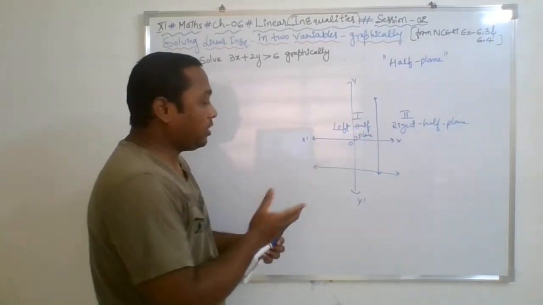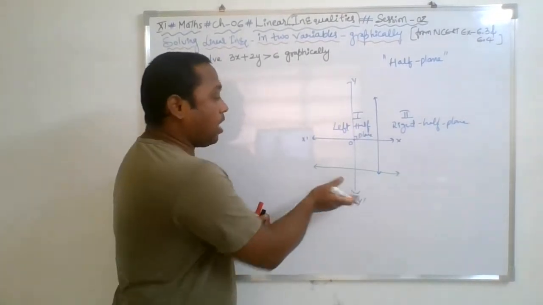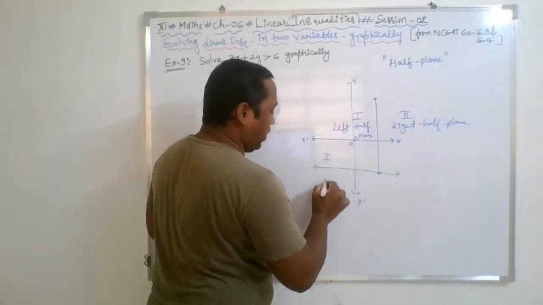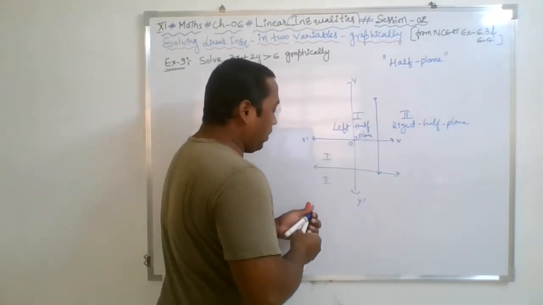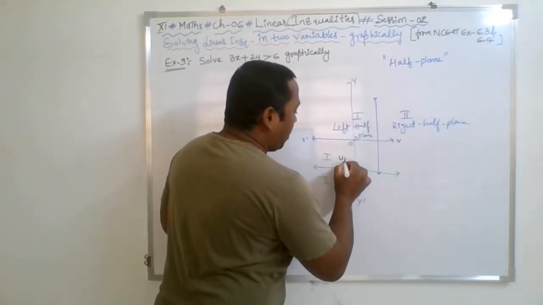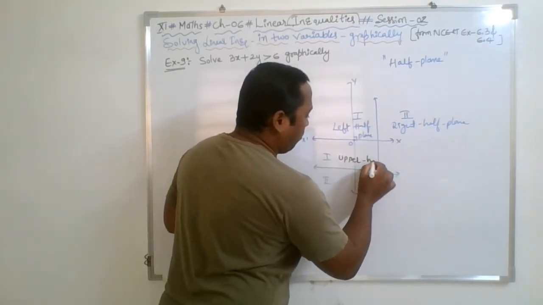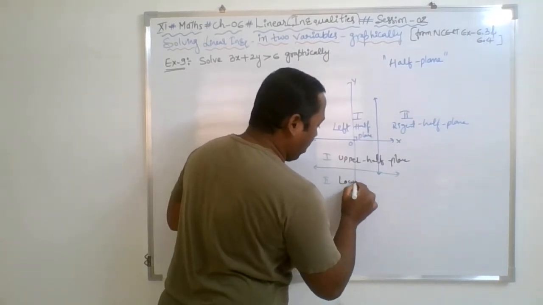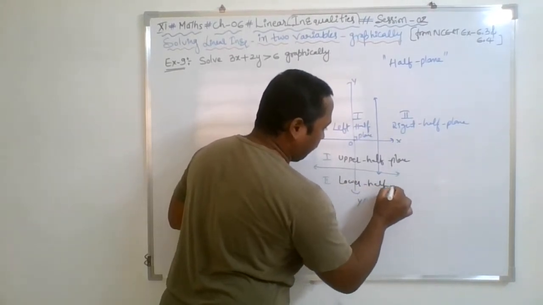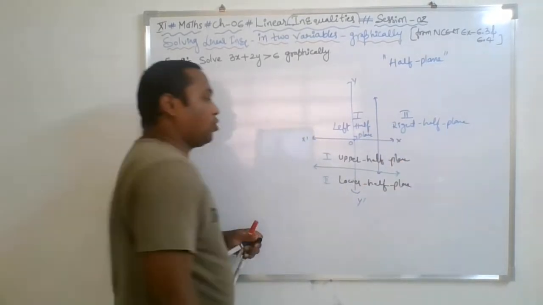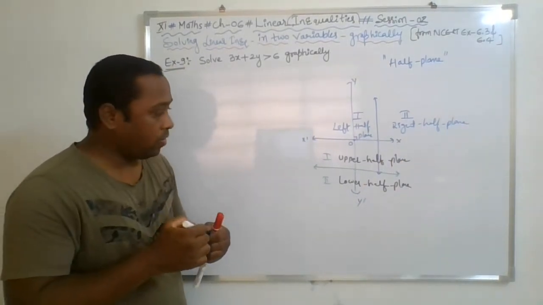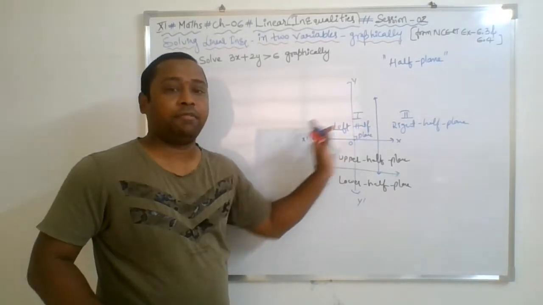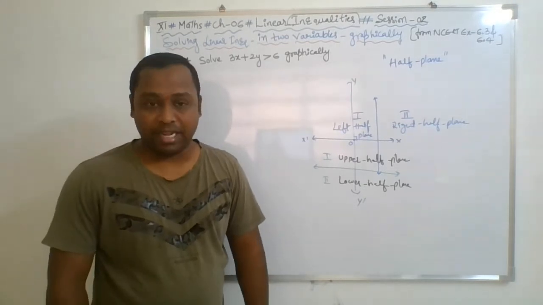Then what is the half plane for this line? Is it the upper half plane or the lower half plane? So upper half plane or lower half plane if it is a non-vertical line. If it is a vertical line, then left and right are the two half planes.